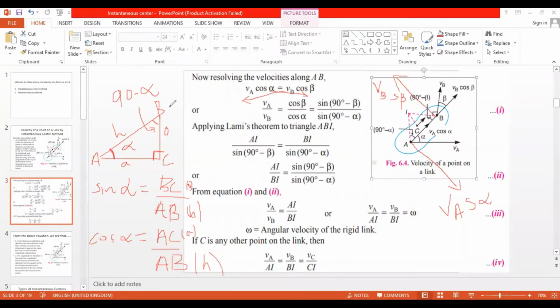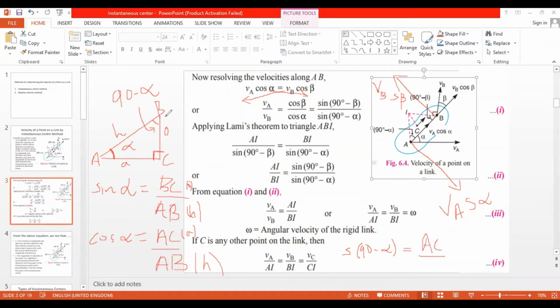Sin (90 minus alpha) is opposite over hypotenuse, right? So I'm talking about this angle, 90 minus alpha. For this angle, the opposite is this one, that is AC, upon hypotenuse.